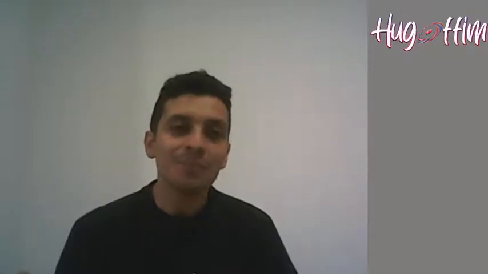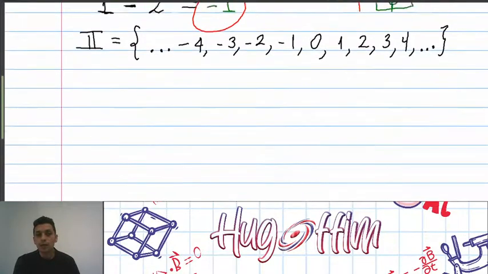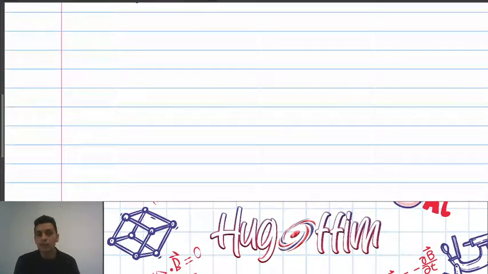But then in comes the division. And with division, we have a problem. In division, we can divide two integers in a way that one is a multiple of the other to have another integer.